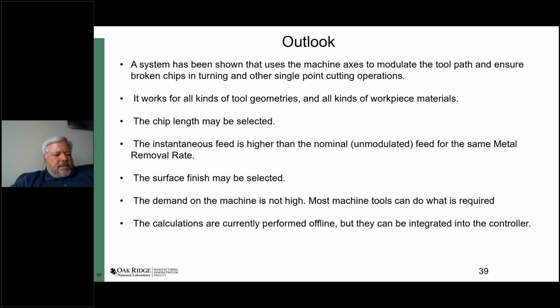The calculations that we do are currently being done offline. Effectively, you give me an NC program, and I run it through a piece of software, and I send you back a much longer NC program that has those oscillations superimposed on it. But it absolutely breaks the chips all of the time.